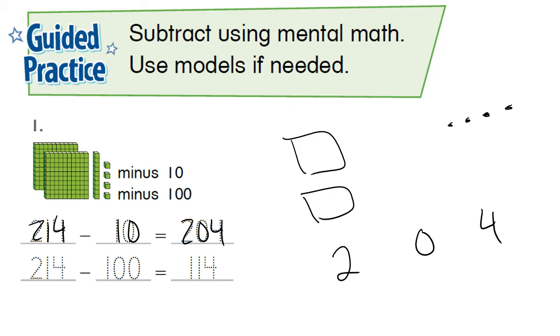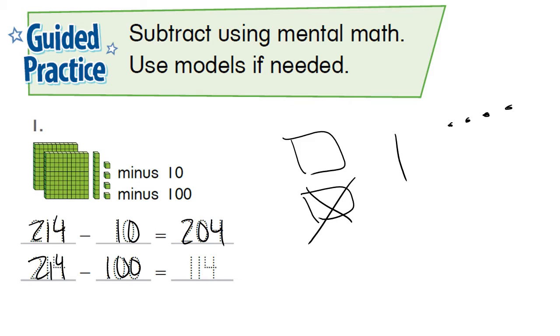Now if we go back to having 214, and we subtract 100, we're going to be getting rid of a flat. So now we only have 1 flat, 1 rod, and 4 units, and that is 114.